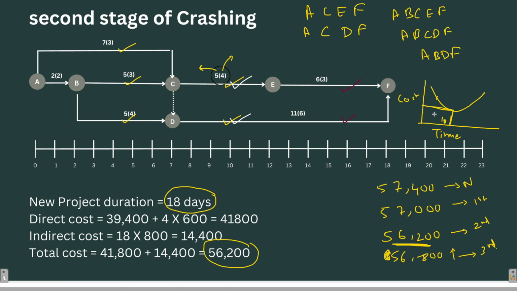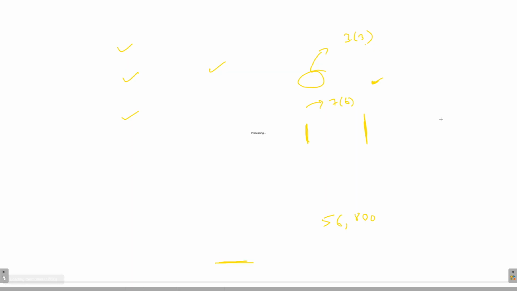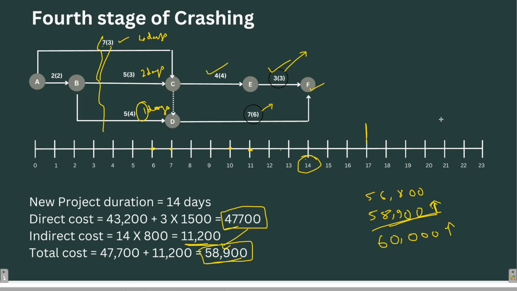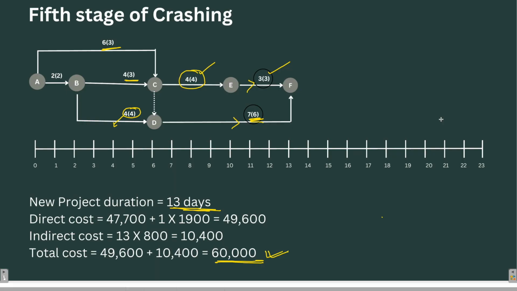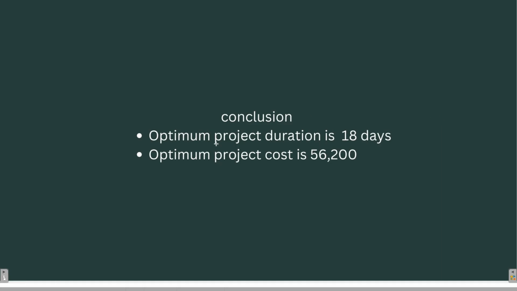And after further crashing, what happened was, though the time reduced further, the cost increased. So if we want to complete the project in the minimum time, the minimum possible time is 13 days, but the cost will be 60,000. But if we want to complete the project at the optimum time, that is, we have to minimize the cost, then the optimum project duration is 18 days, and the optimum project cost is 56,200.